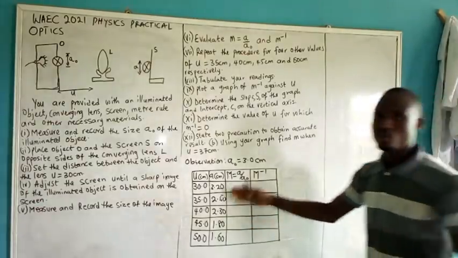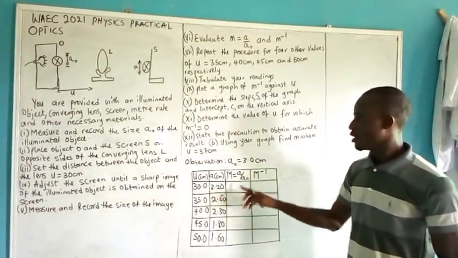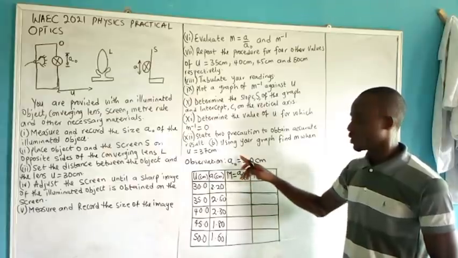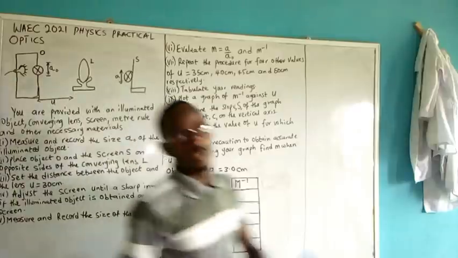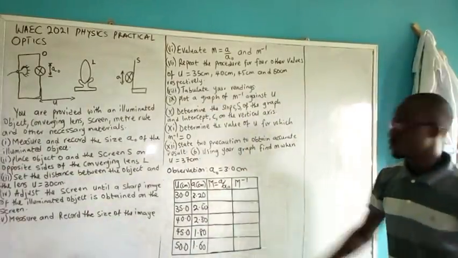Okay, now let's make evaluations for the table. So we have A, which means A over A naught. We're going to calculate that. Let's evaluate the values in the table.